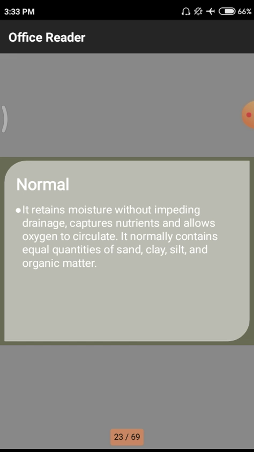It normally contains equal quantities of sand, clay, silt and other organic matter. That means the total land is formed by the action of erosion. First of all, we need to know about erosion. This erosion is mainly caused by the flow of water and wind.